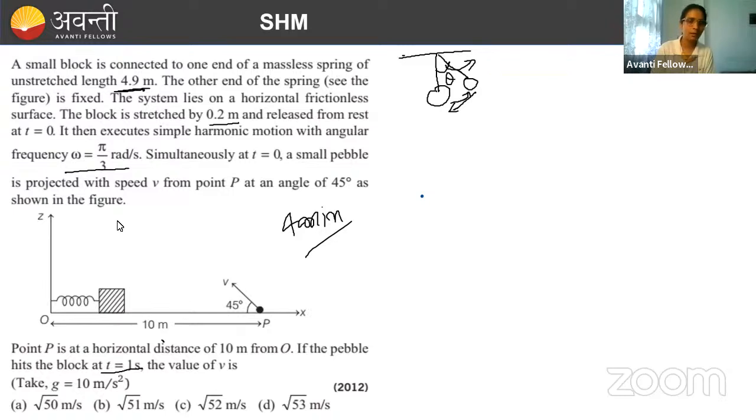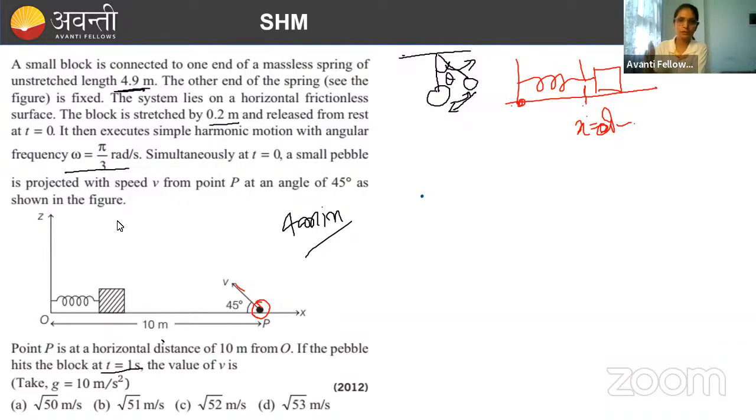stone will hit the block, it means this stone has come down from the air to the ground. Like my diagram is something like this. Suppose at t equal to 1, suppose this is the equilibrium position, x equal to 0. Suppose this is the equilibrium position, and from the equilibrium position at t equal to 1 second my block is somewhere here, shifted towards this.